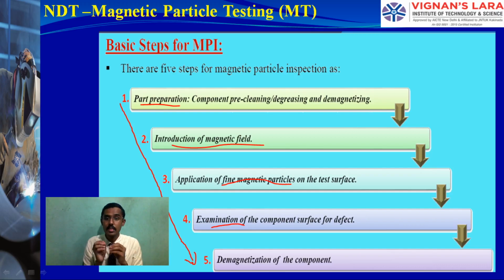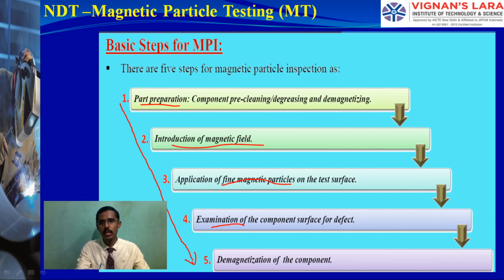If it is not demagnetized, it will attract strongly. The property that naturally exists in ferromagnetic material, plus the magnetizing we additionally give, we should remove back. That is called demagnetizing of the component. There are totally 5 steps, and one by one we will look at them slowly.